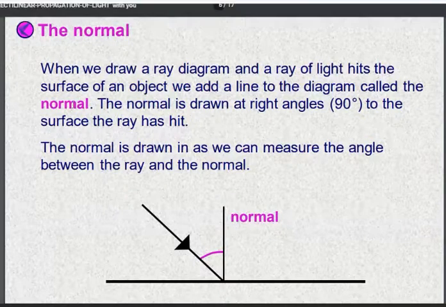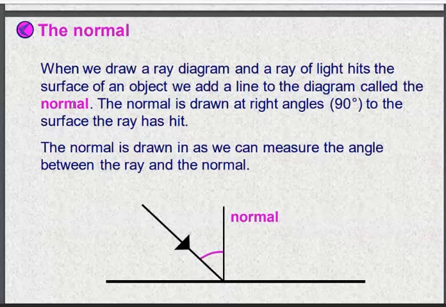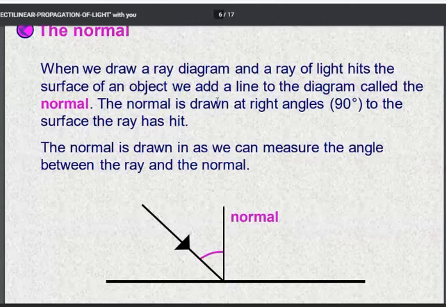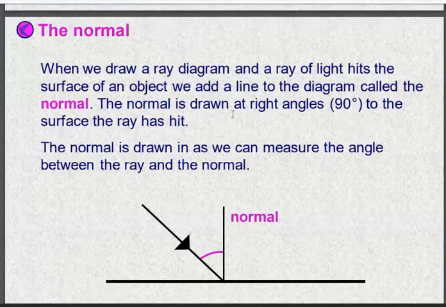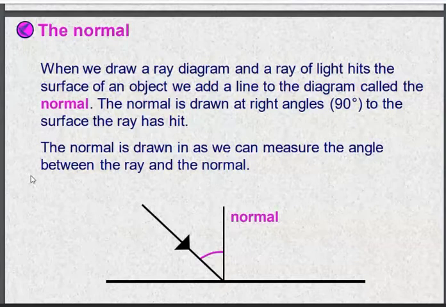The normal is always drawn perpendicular to the reflecting surface, so that we can measure the angle between the ray and the normal.